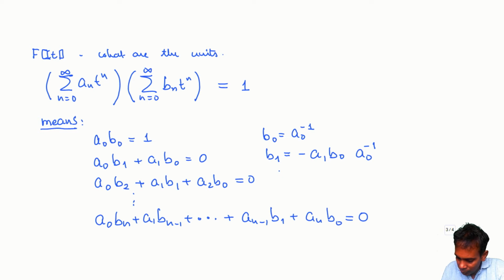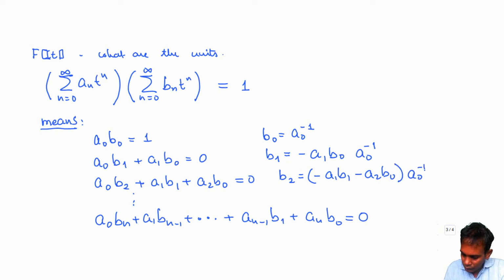And now we can solve for b2. We get b2 is equal to minus a1 b1 minus a2 b0, times a0 inverse. And these can be calculated no matter what the values of a1, a2 and so on are.